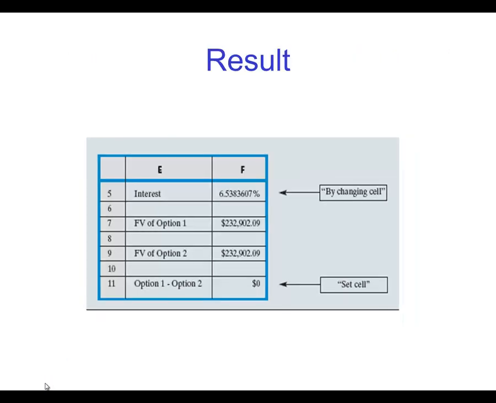If you do that and set the target to 0, then you will get the exact interest that would make the two values for option number 1 and option number 2 equal. And in this case, it's almost around 6.5% interest rate. As you can see, it has lots of digits in it, but I would say around 6.54. Around 6.54, they will be equal.